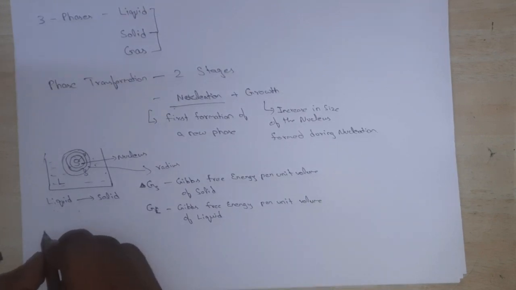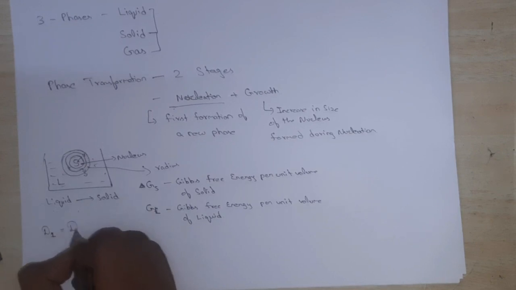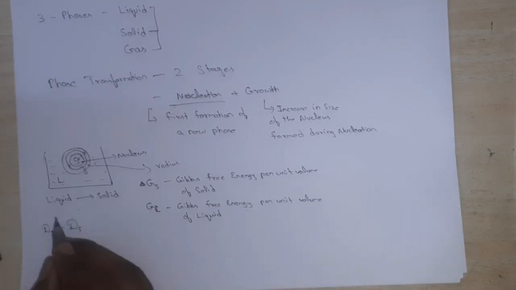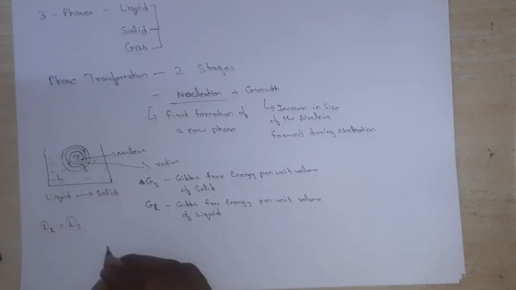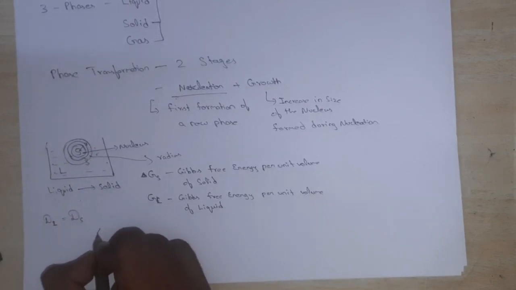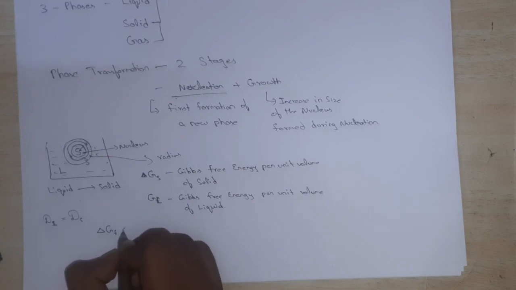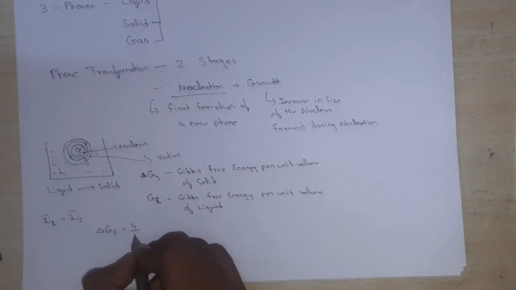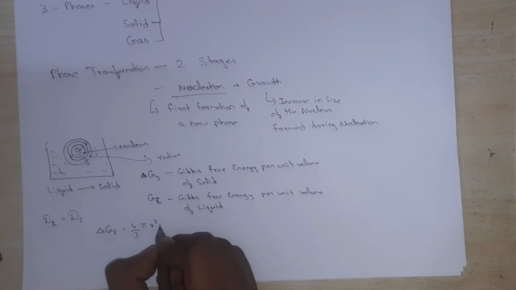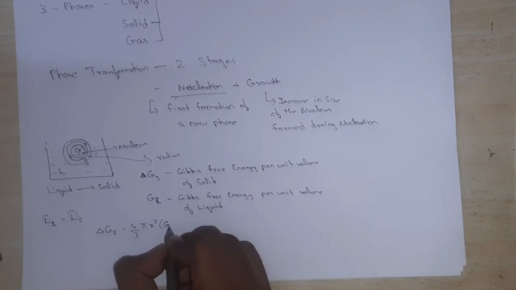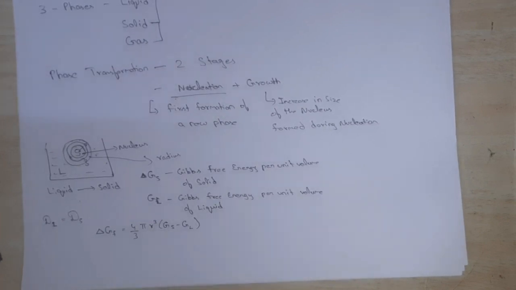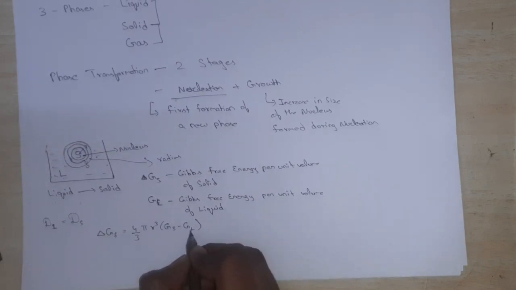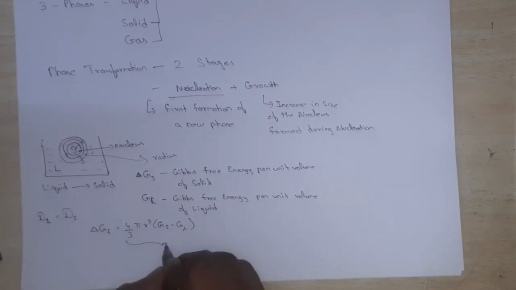Let us assume the density of liquid is equal to the density of solid and there will be no change in the volume of the whole liquid. So delta Gf, the Gibbs free energy change, will be volume 4/3 pi r cube times (Gs minus Gl). Here Gl will be more than Gs, so this whole term will be negative.